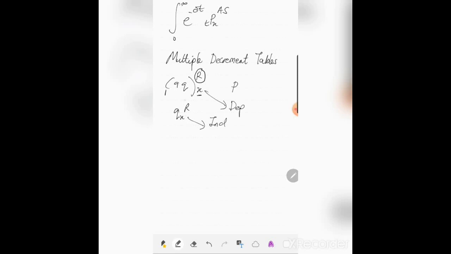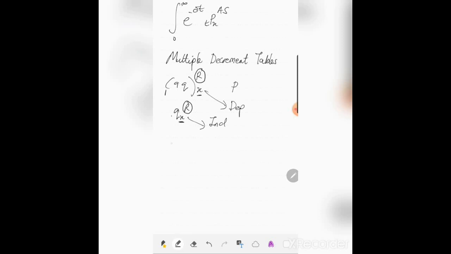So this is the probability that a person who's currently aged X will move out of the population between age X and age X plus 1 because of the decrement R, assuming that there are no other risks in that particular population. So this is what we are trying to understand when we look at the multiple decrement table, and a few important concepts come into the picture.